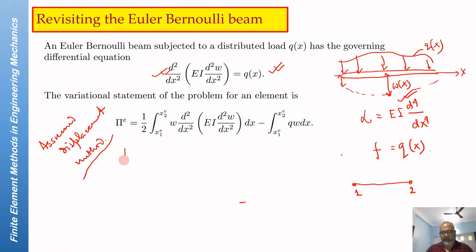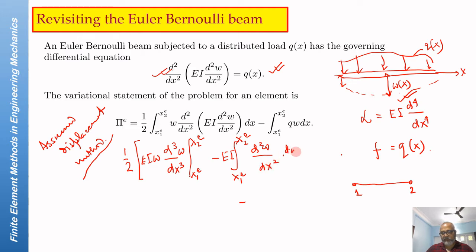If you do that, you have half, and then you have W. Take a derivative, take one integration, so you get del cube del x cube of W times EI at x1e, x2e, minus, you are left with EI d cube W dx cube and dW dx, minus this term remains.